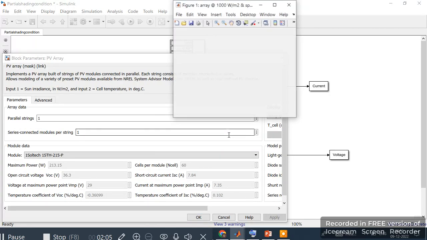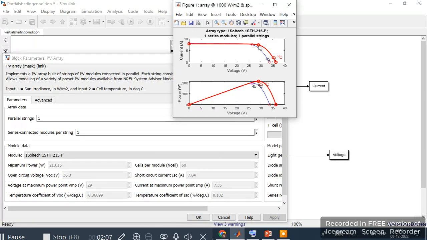and this is the plot of IV versus PV curve for different temperatures, 25 and 45 degrees. So for 25 degrees, the current is 7.35, the voltage is 29, and the power is 213.1.